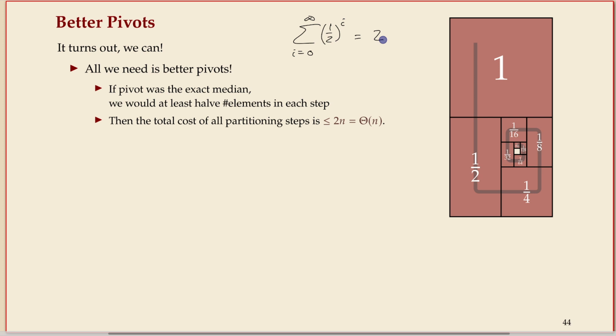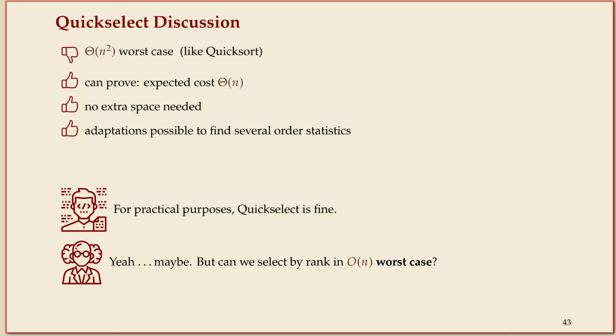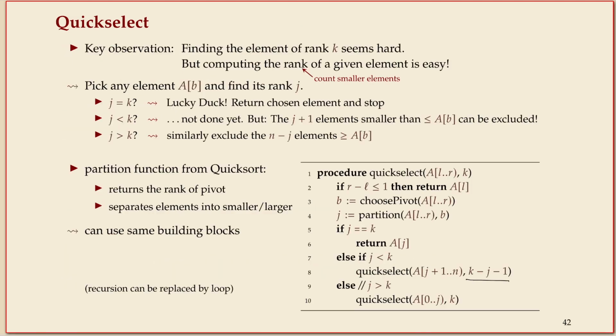So if we somehow can guarantee that, I should probably connect this to quick select. Why is this relevant? Let's do this in the code. What is the cost of this code? Choosing the pivots, at least the way we've done it before, wasn't very expensive.